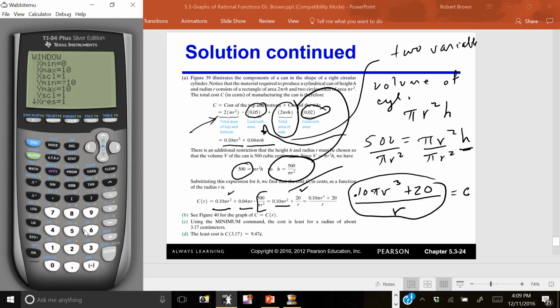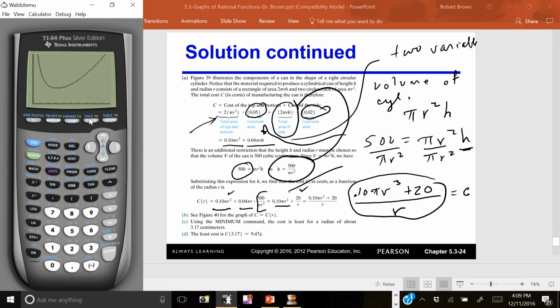And y min, cost has got to be more than 0, and the y max, say 30. Then graph it, and we'll see where we stand. We stand in pretty good shape because now we can see the cost is going to be minimum at this particular point.